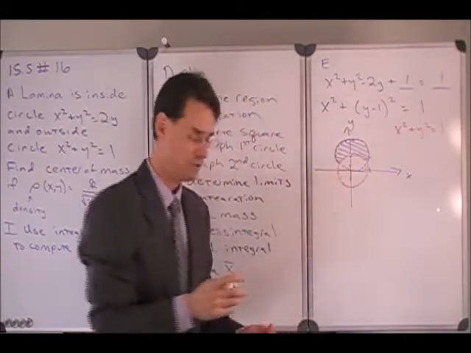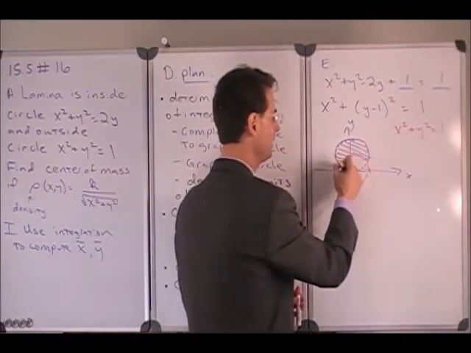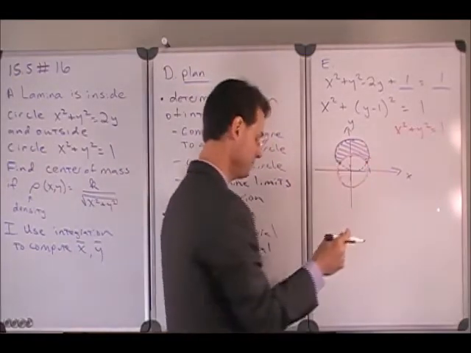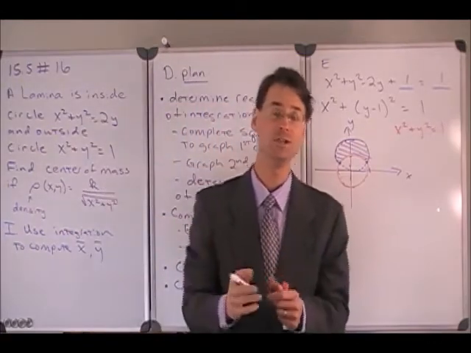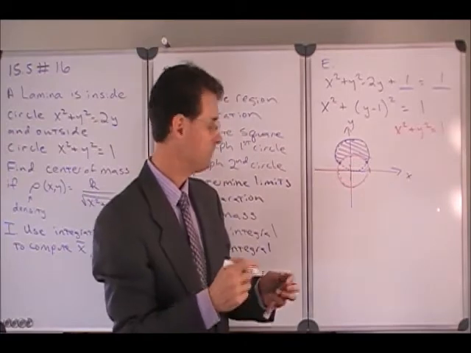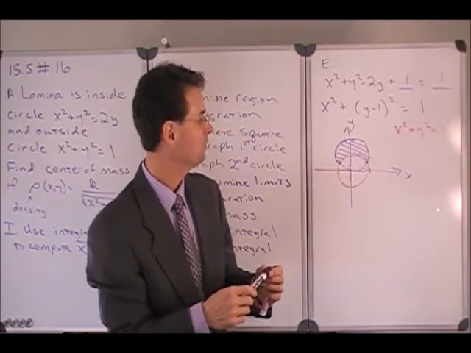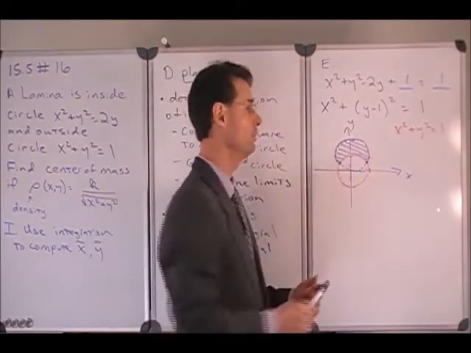And it's important to note when we think about our region that if we were to be tempted to set up these integrals from here and work them in Cartesian coordinates, we'd have to be very careful because we'd integrate from curve to curve.